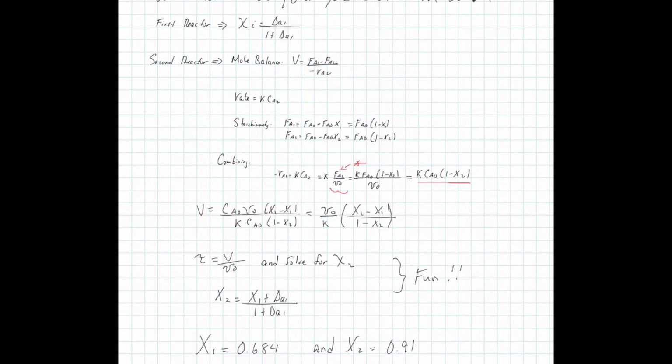If you substitute the difference between point 1 and point 2, over the rate of reaction at point 2, you can get an expression like this. Okay, this cancels, if you see.